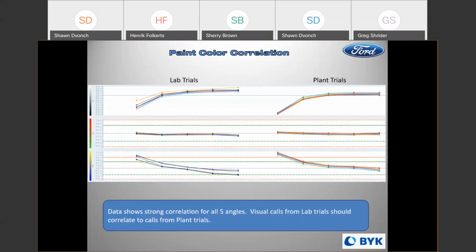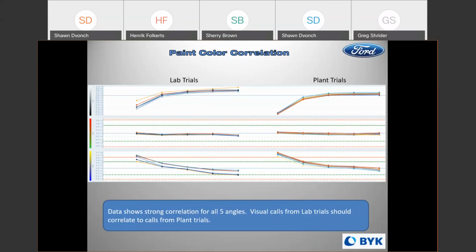Now here is an example. I said I wanted to use some real live correlation. This was a project that we just completed with Ford. This is for something that we're doing down in Hermosillo in one of our Mexico manufacturing facilities. What we did was take the plant trials that we did here, these lab trials, and we developed a color standard for a certain color that we got visual acceptance on.